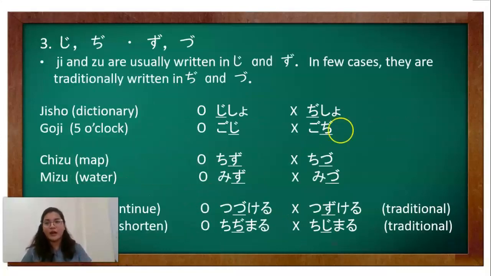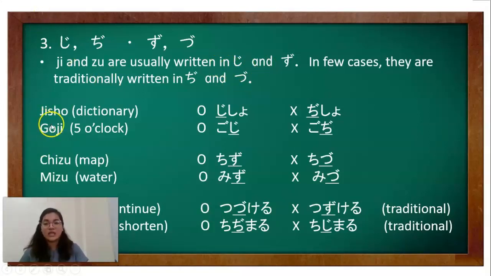Okay, so next one is ji and zu. These are usually written in this form, じ and ず. But in a few cases, they are traditionally written in ぢ and づ. So now let's go through an example of how to use these.